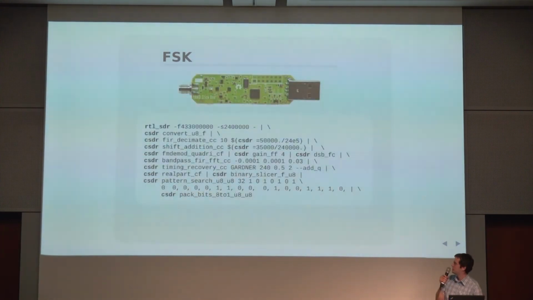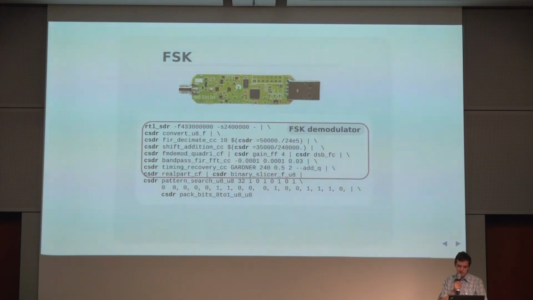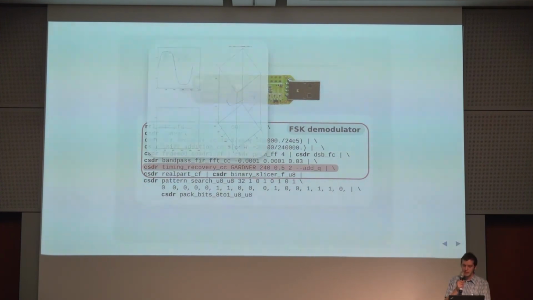And this was the command that worked. So this one reads the input from the RTL-SDR, because of the packet sent by the YARD Stick, and uses a very similar FSK demodulator to the one I used for the Radioteletype, but it uses the timing recovery function.